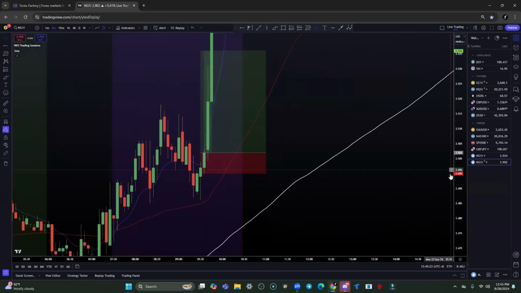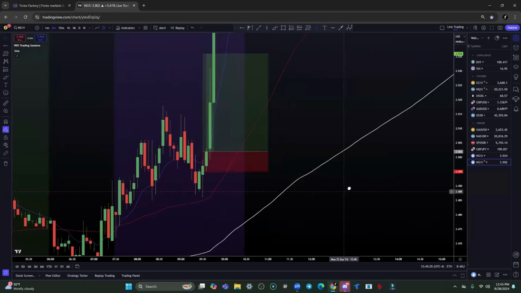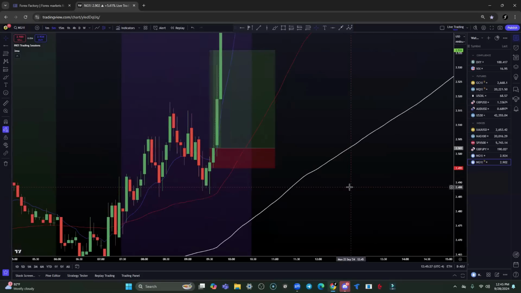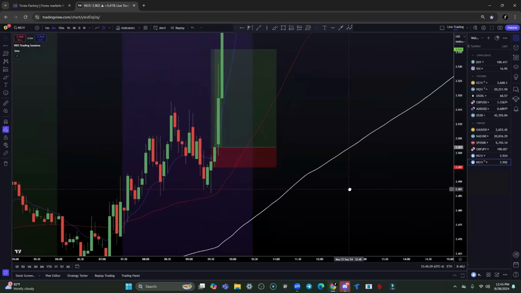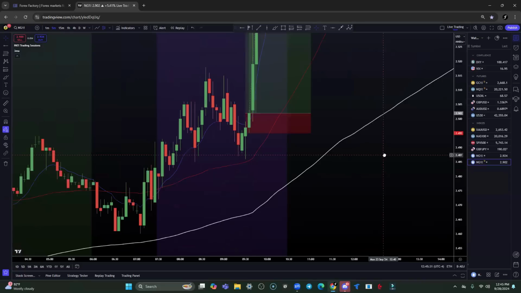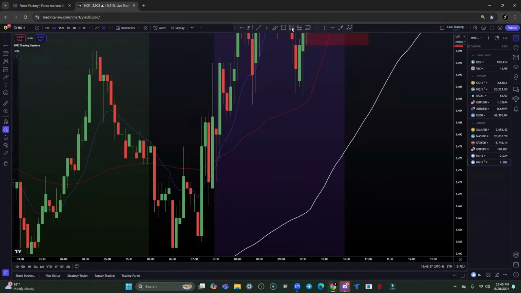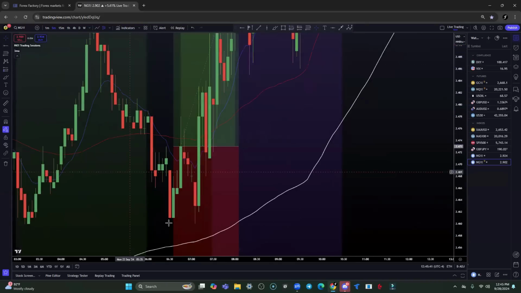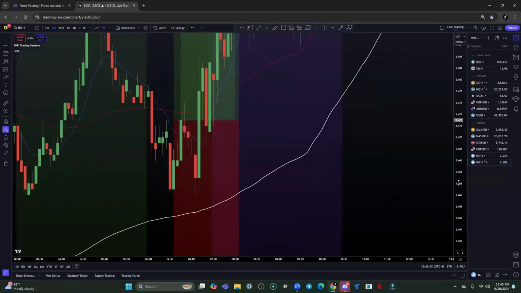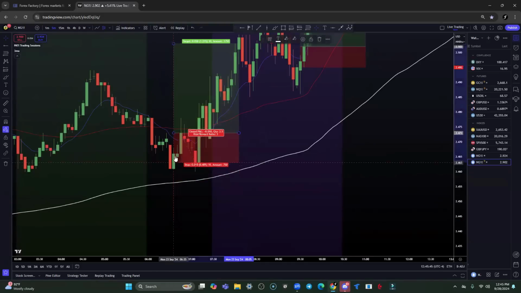Now, going with the trend could be a little tricky, and I say that because if I'm looking at hypothetically something like this where it didn't work, right here, this candle, we've got to spot the ones that didn't work out.